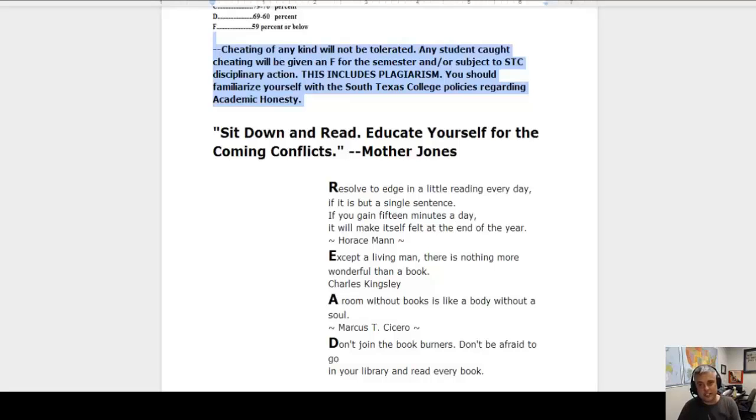So if you copy something from the internet, you don't need to go to any website for this course. Everything I provide you is the only reference that you want to use. Don't go anywhere else. Just use the material provided, and that's the safest way not to plagiarize. But automatic F, and then you get reported to Student Affairs.